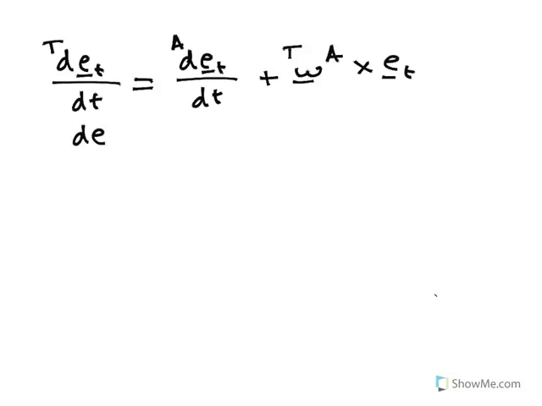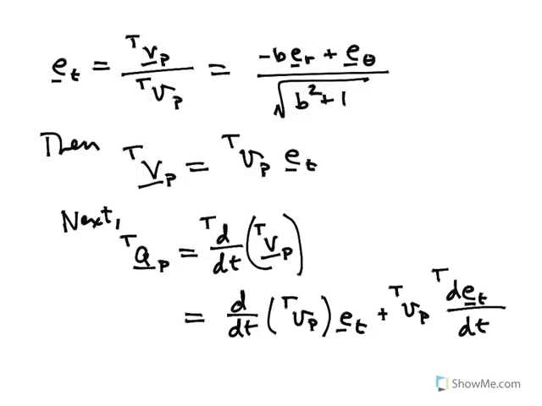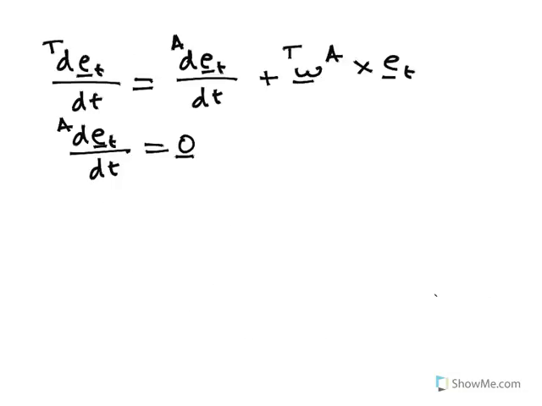But dEt/dt in A is equal to 0. Why is it equal to 0? Well, if you look back at this expression, you'll see that B is constant, so all the components of this vector are constant, and ER and E theta are already fixed in reference frame A, so that rate of change is 0.